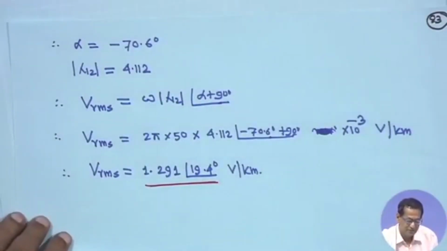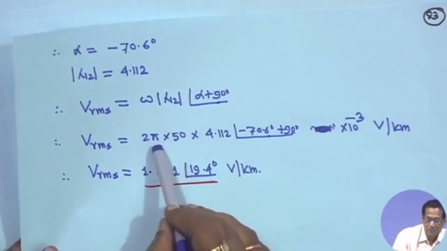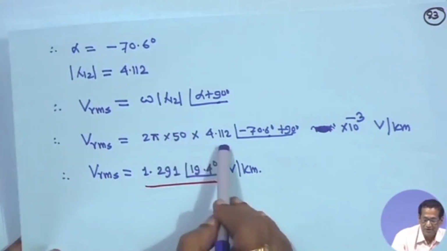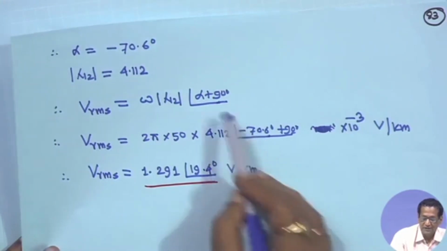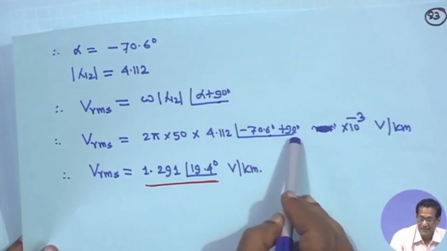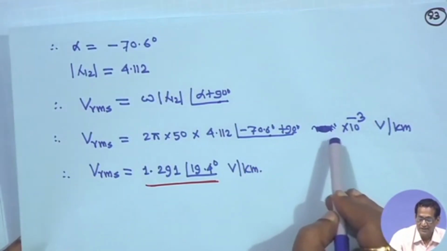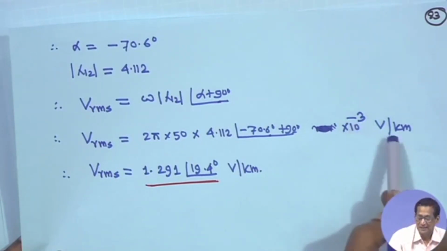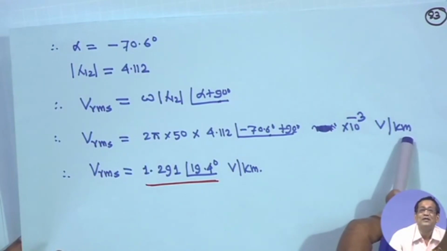Therefore, it is a 50 hertz system. So omega is equal to 2 pi f, 2 pi into 50, mod lambda 1 2 is 4.112, then alpha is equal to minus 70.6 degree plus 90 degree. It is milliweber, so into 10 to the power minus 3, because the milli term has been converted to 10 to the power minus 3. This should be volt per kilometer.